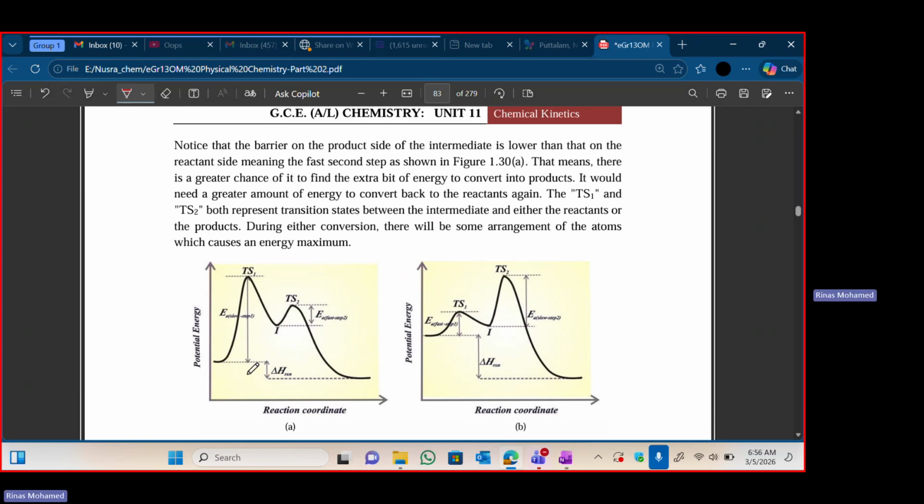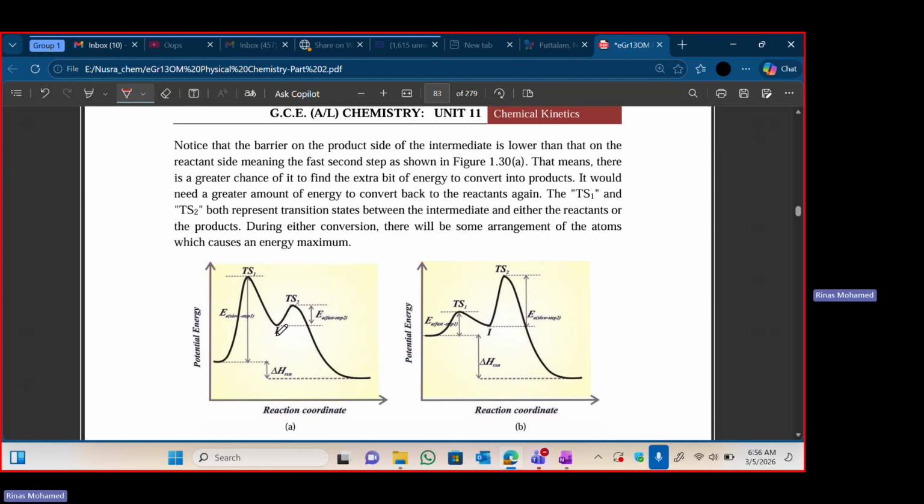The length between reactant and TS is called activation energy. Then this is the first step's activation energy. For the second step, one intermediate is formed by this energy barrier, right? And the intermediate is formed.